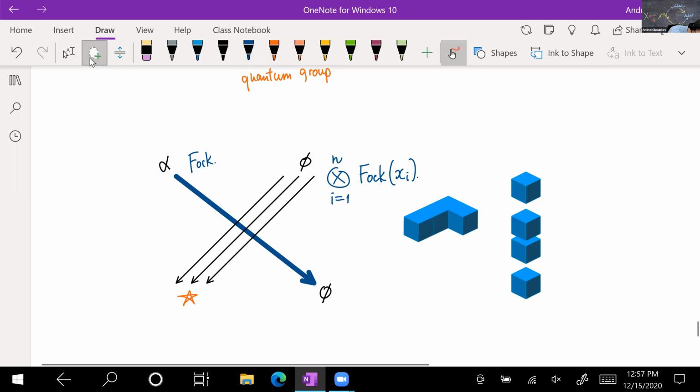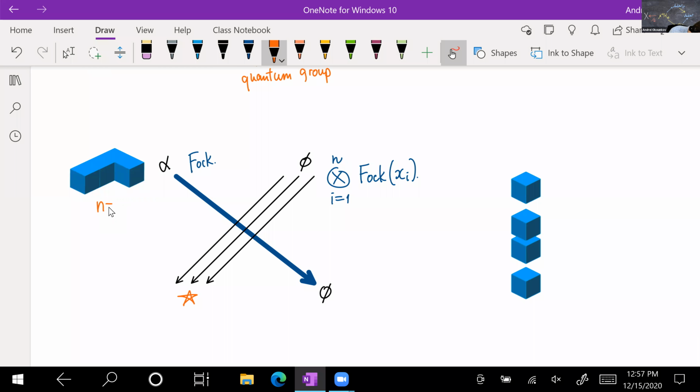Then here I get my class, maybe take a partition of n. Here n is equal to 4 in this example. So I take a partition of 4, have 4 boxes.